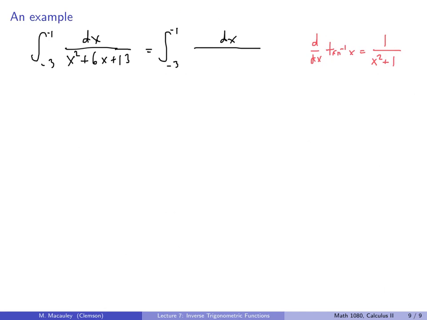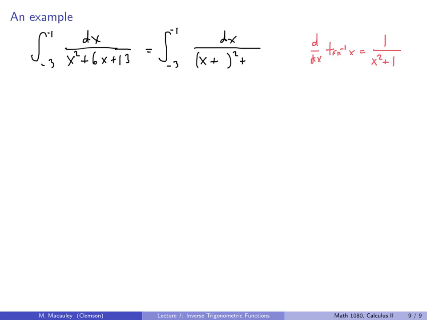So, okay, how do I want to write this? I would like to have x squared plus 1, but I don't. So I have x plus something, squared, plus something. Okay, what goes here?